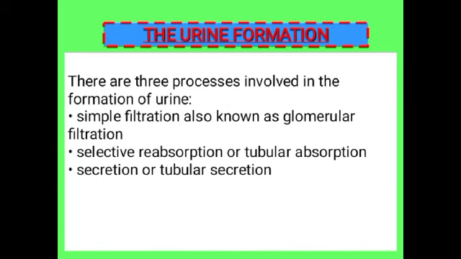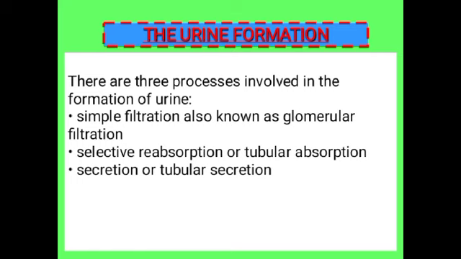So we are going to start with urine formation. There are three processes involved in urine formation. There's simple filtration, which is also known as glomerular filtration. There's selective reabsorption, which can also be called tubular reabsorption, and there's secretion, which can also be called tubular secretion.